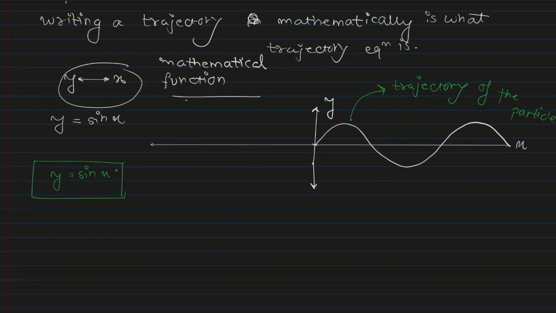In general form we write it as y equals f of x, so y is a function of x. This is the general trajectory equation. Relating x and y and writing it in equation form is what trajectory equation is.